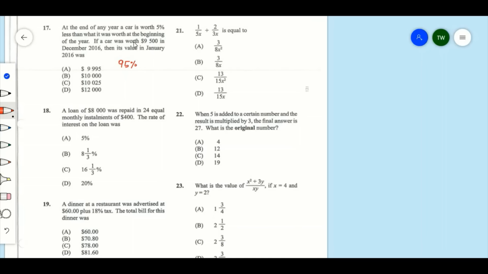If a car was worth 9,500 in December 2016, then the value in January 2016 was, so we don't know the value in January 2016, so let's call that X, right?